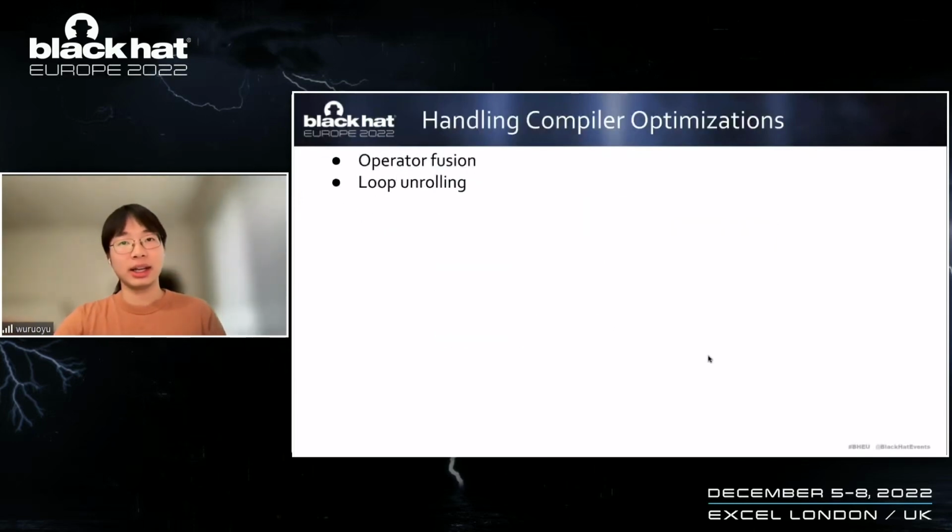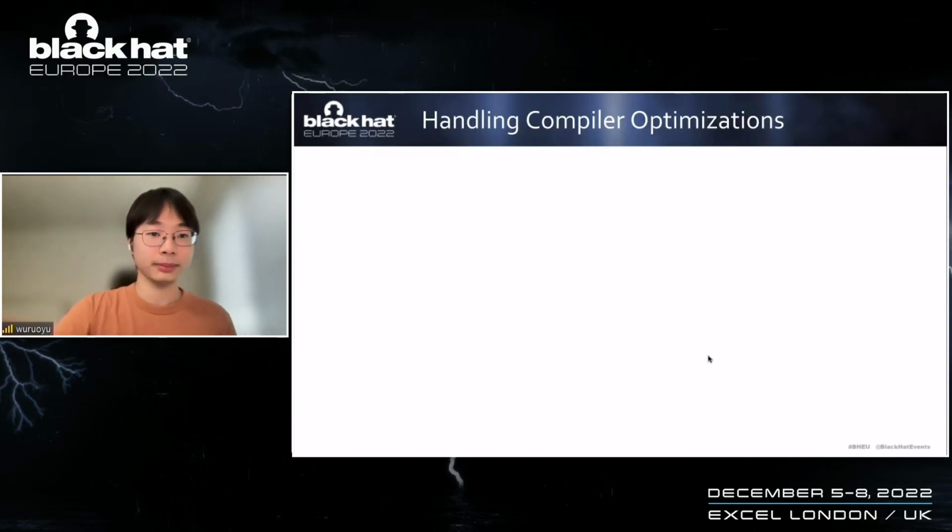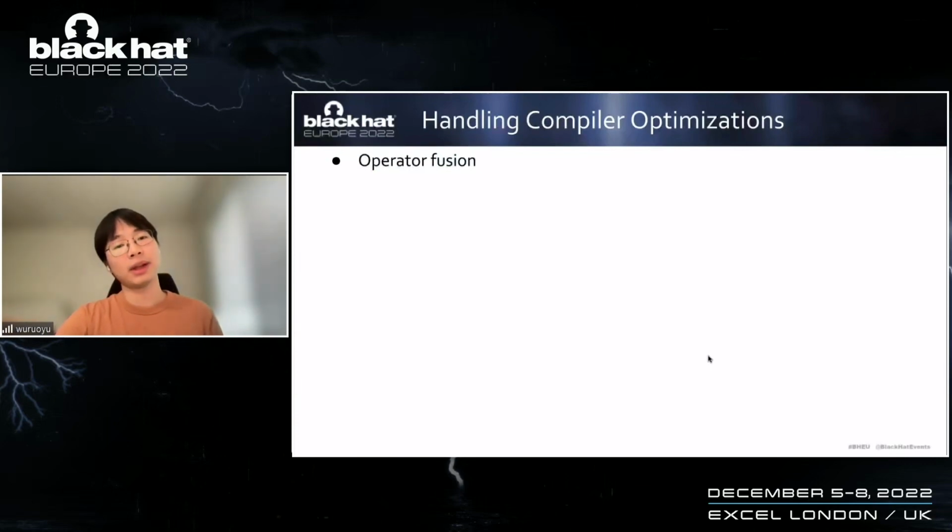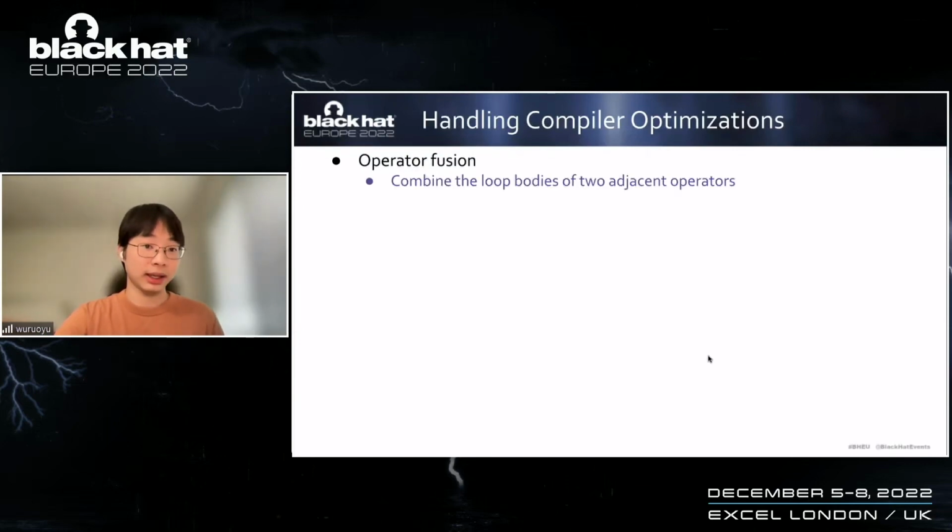Our decompiler can also correctly handle DNN binaries with some uncommon compiler optimizations, such as operator fusion and loop unrolling. Operator fusion is a common optimization technique deployed by DNN compilers. It combines the loop bodies of two adjacent operators to improve cache locality.